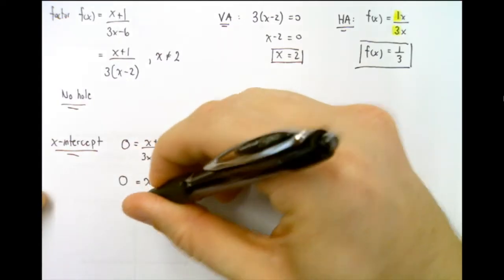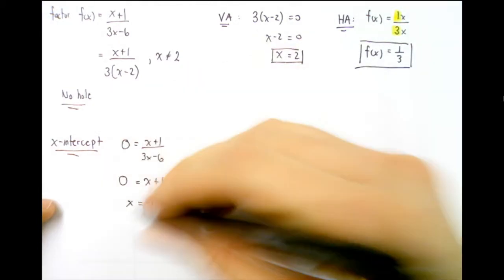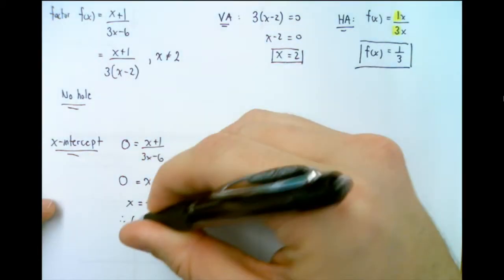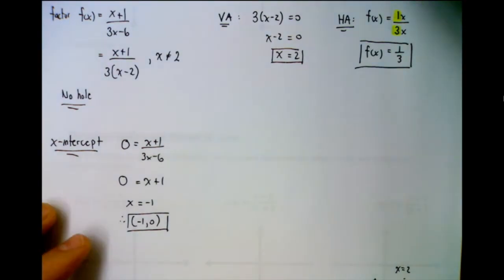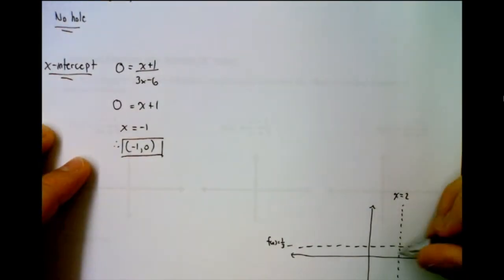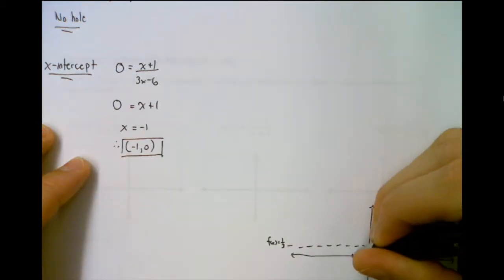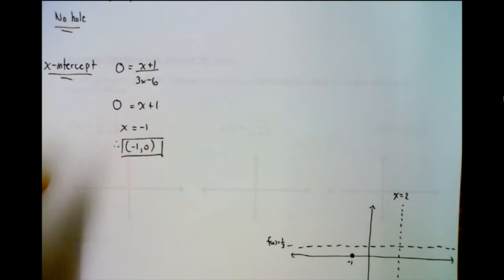If we solve this, we get x equals -1. Therefore, -1 comma 0 is our x-intercept. And we can add that to our graph. Keeping in mind our scale, I would put -1 right about there. There's our x-intercept.